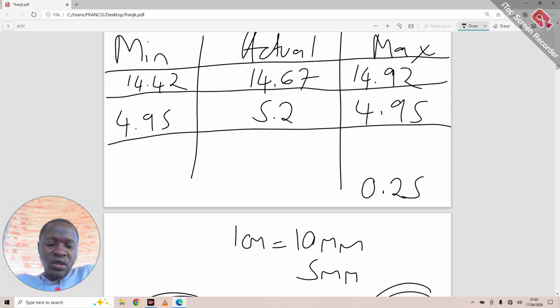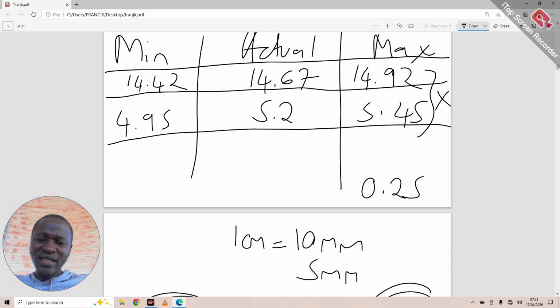How about if it was addition? 5.45. Then from there, you now get their areas, you multiply. What I'm only trying to let you understand is to be very careful with the nearest. This thing, to the nearest, will really mess you up a lot. So make sure you understand it better.